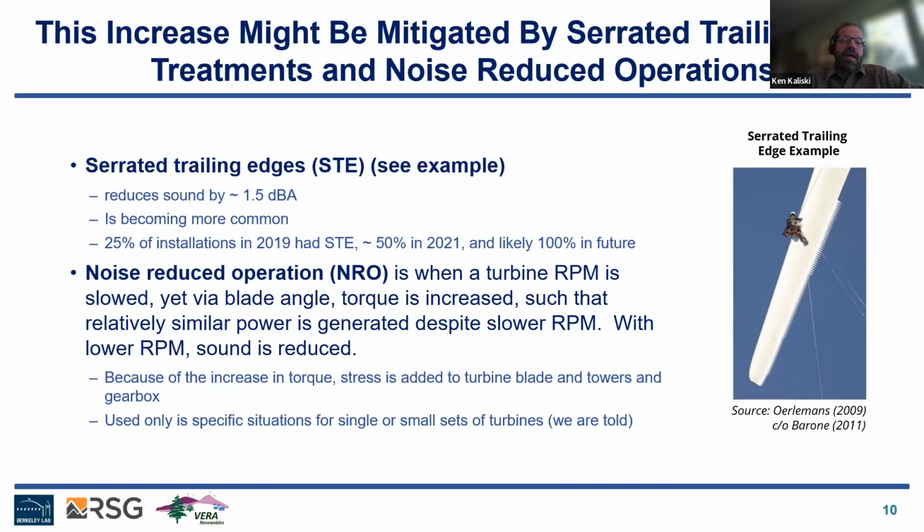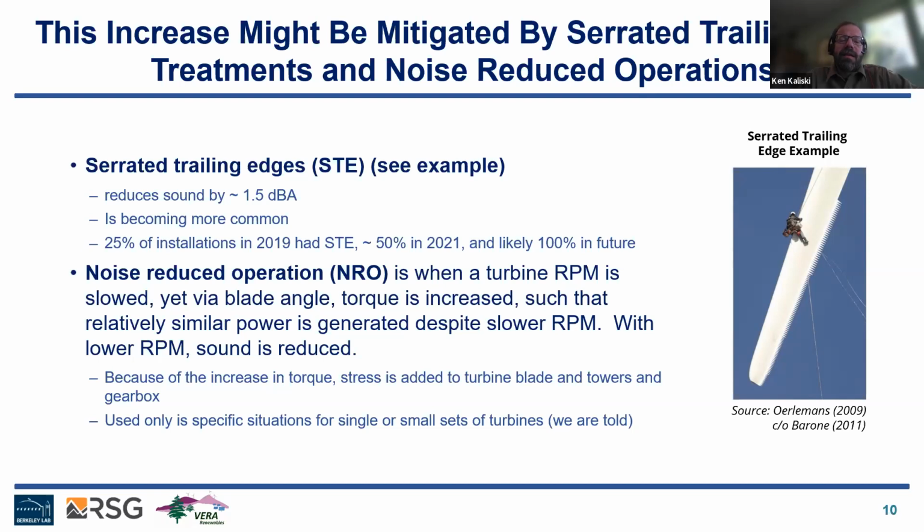So in 2019, these serrated trailing edges were installed in about 25% of the wind turbines, and that's increasing very rapidly. And we're saying that it's likely going to be 100% in the future because, at least for these large turbines, they are being offered to their customer base as a standard feature. So if you buy a wind turbine, it automatically comes with these serrated trailing edges.